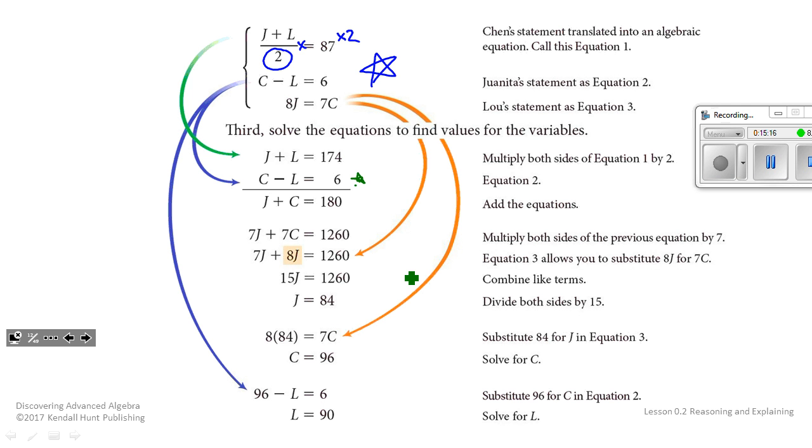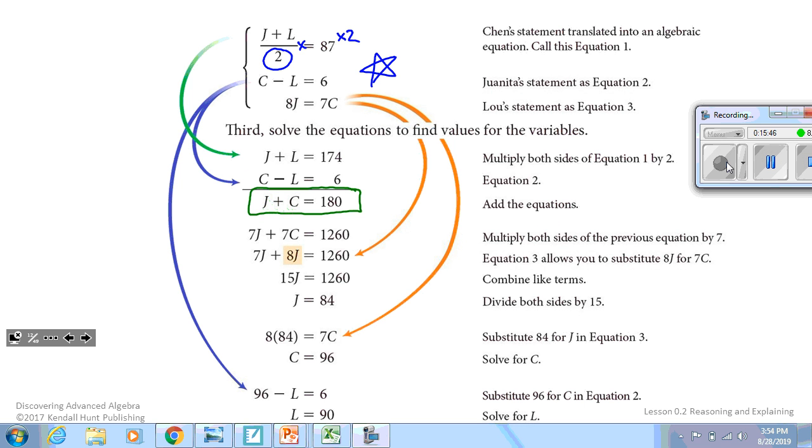So now if I add these equations, I end up with J plus C, right? L is negative, because 1L plus negative 1L is going to give me 0. So I eliminated my L variable. And if I add the right hand side of my equation, I get 180. So I have J plus C equals 180. Okay? All right, so there's my first piece.